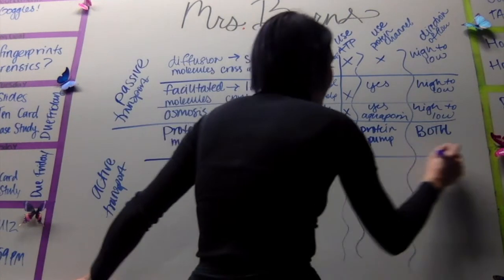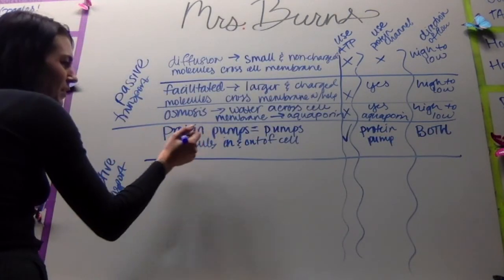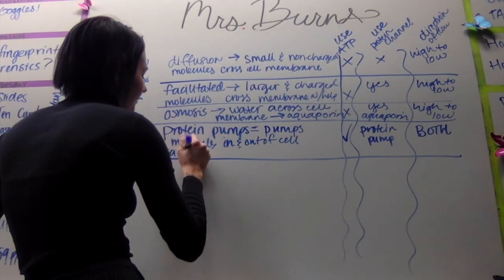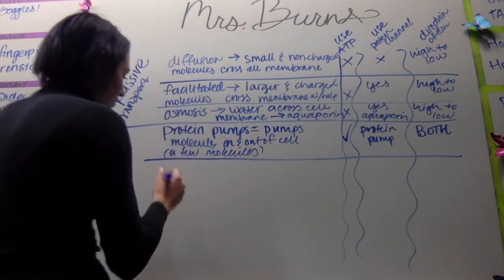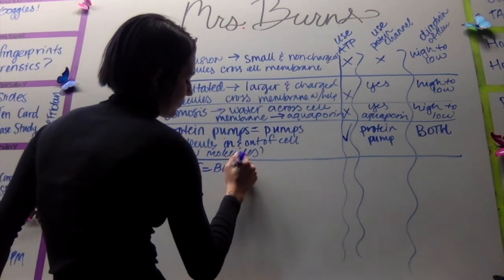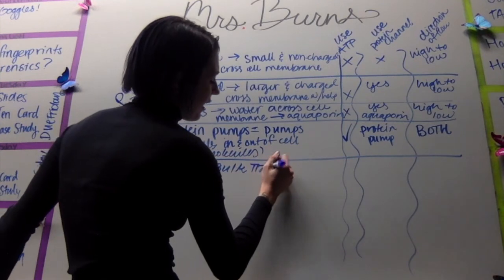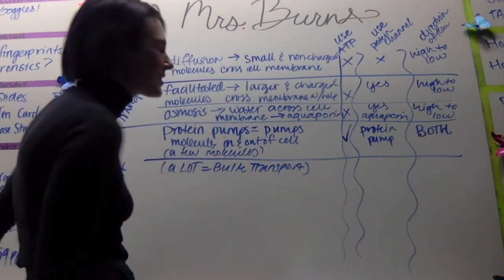So that's that. And then we've got those two forms of bulk transport. This is like if you want to do like a few molecules. If you want to do a lot of molecules, you'll do bulk transport. And that's why like people go to Costco, because they can buy in bulk. You can get a lot at one time.